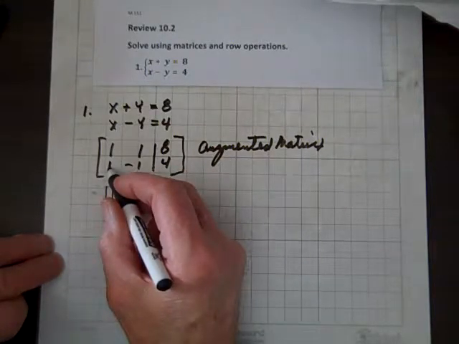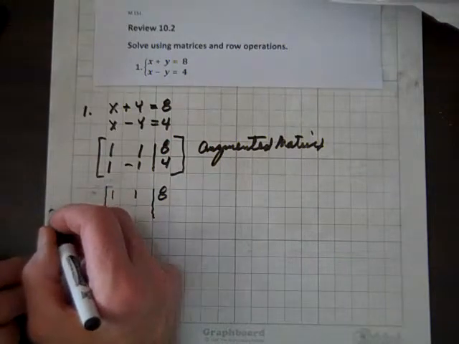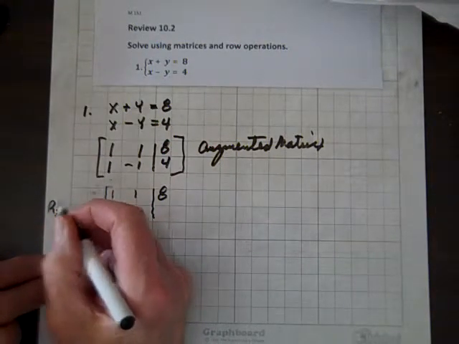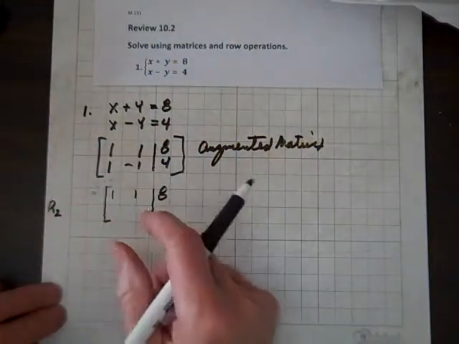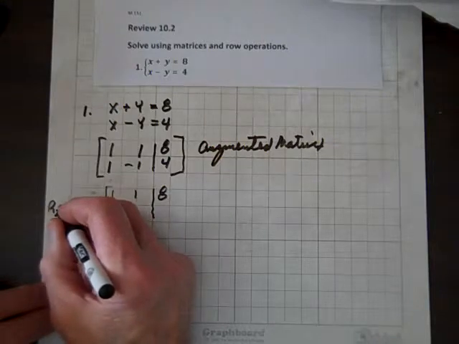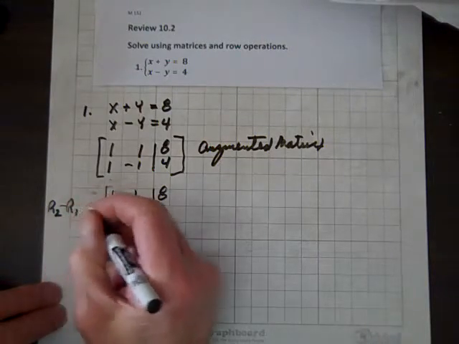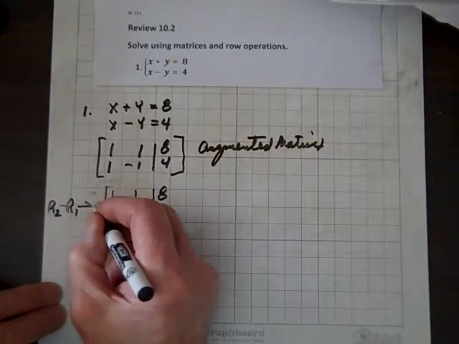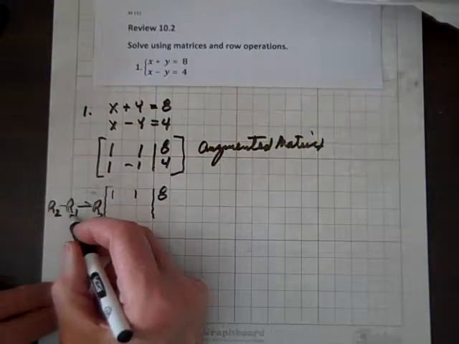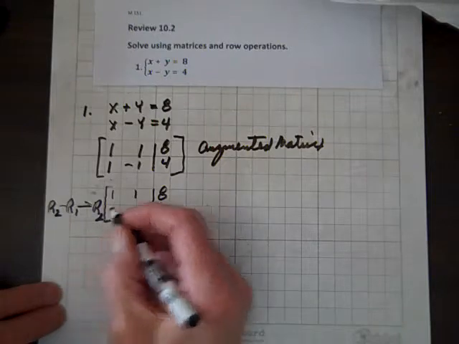But to get a 0 in this position, we'll take row 2 and from it we will subtract row 1, and that will replace row 2. That's the notation. Row 2 minus row 1 will replace row 2.